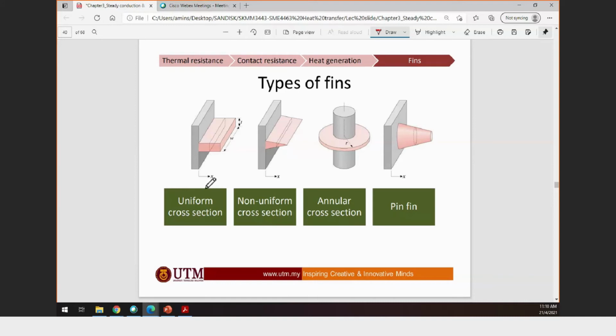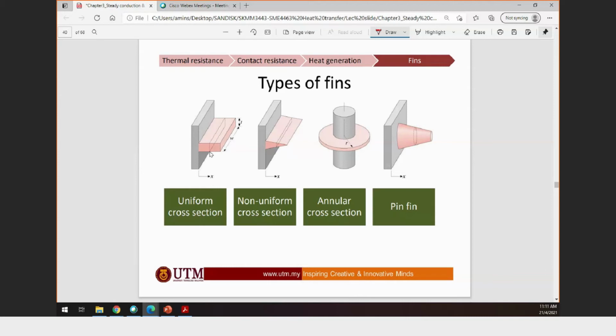There is a uniform cross section, this kind of fin shape. You have a non-uniform cross section, meaning that the cross section of the fin changes as x increases. You may have an annular cross section, where the fin is applied to a system like a piping system.